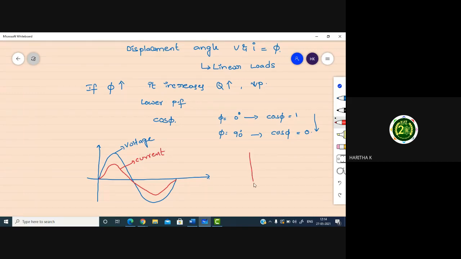Linear loads obey Ohm's law. If you take voltage on the x-axis and current on the y-axis, if you increase the voltage, the current will also increase linearly. At any instant of time, the slope will be equal. So current is increasing linearly with the voltage.